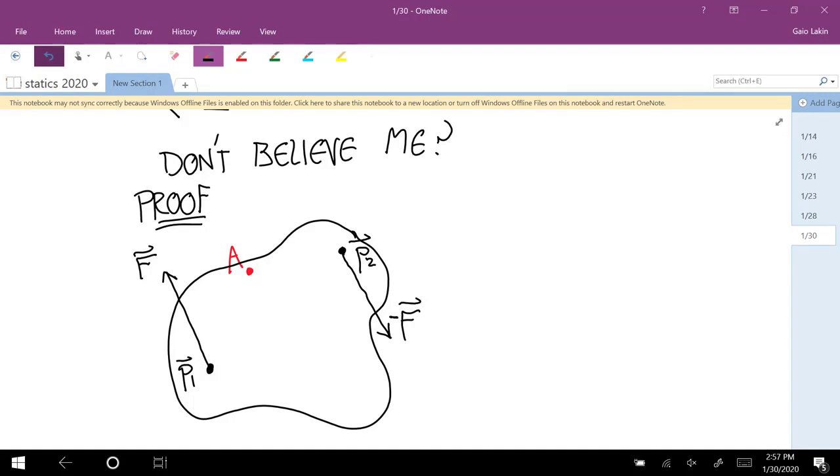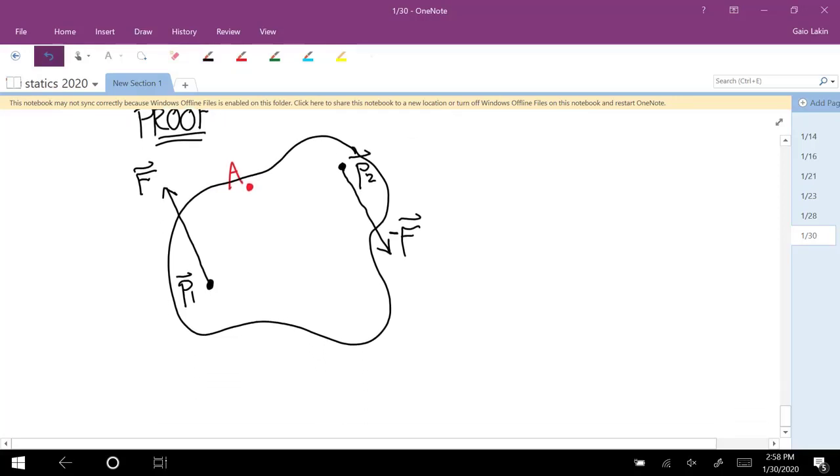All right, so we're going to calculate the sum of the moment produced by F and the moment produced by negative F. Okay. So the r vector for F goes from the about point to here, right? I'll call that r1. And the r vector for the negative F force is like this. I'll call that r2.